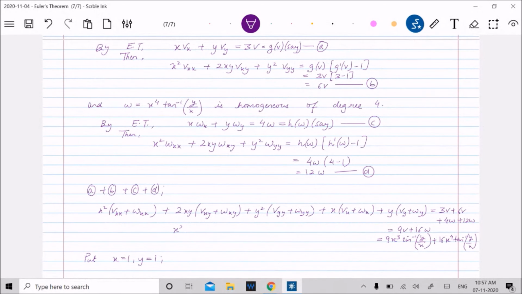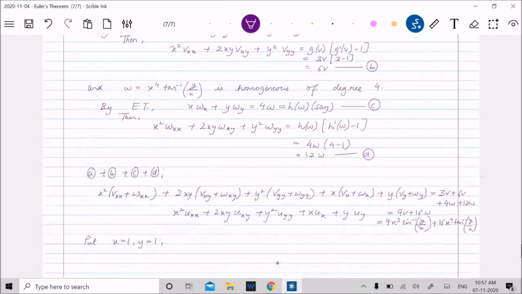That gives you x square, and this v plus w is nothing but that was uxx plus 2xy uxy plus yy plus x ux plus y uy, right?